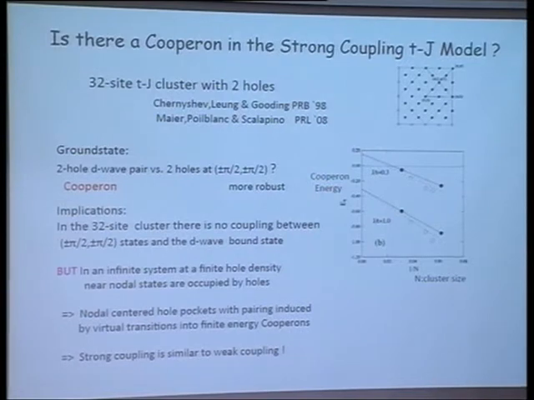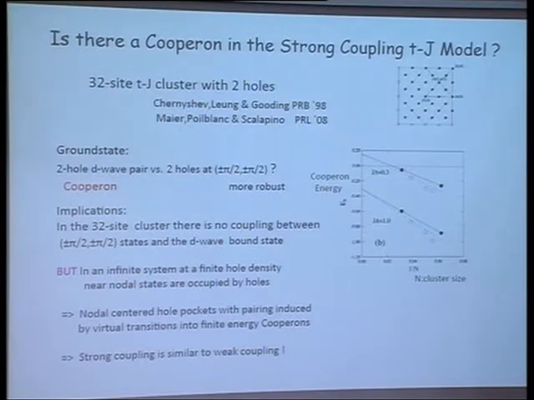But if one expands to infinity, it becomes an excitation, and the holes instead go into these nodal points at (pi/2, pi/2). Now, at the time when they published this, these authors concluded that this means there's no superconducting state.